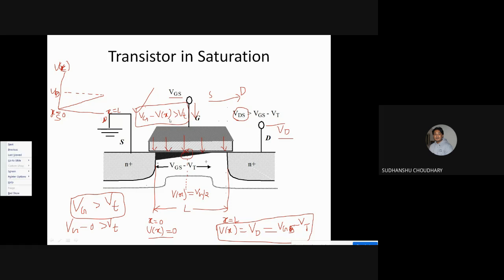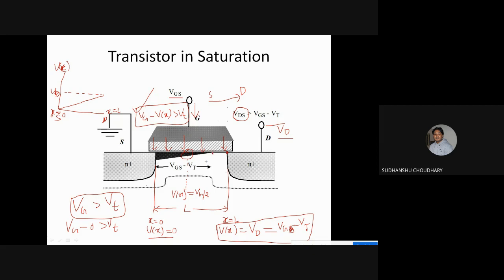So if I put Vx as VGS minus Vt over here, then this condition, that Vg minus Vx should be greater than Vt, is not fulfilled. So that means you will not see any channel at this point.